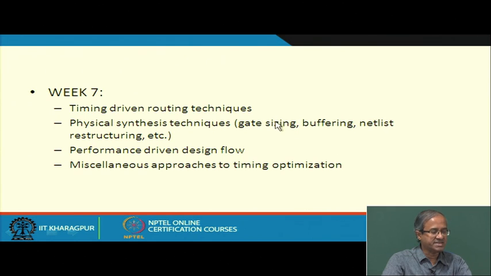So, we talked about gate sizing, introducing buffers, restructuring netlists, and finally we looked at a so called performance driven design flow. So, how performance related issues or timing related issues can be incorporated during the various stages of the design, and then we looked at various approaches to timing optimizations.